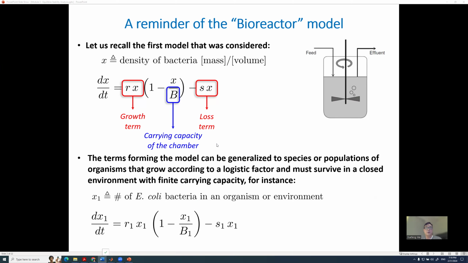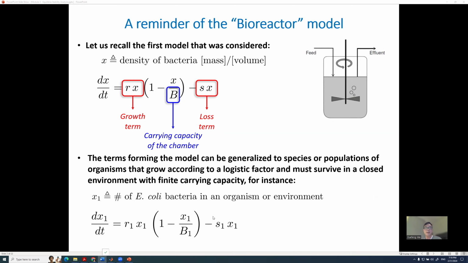What has changed is that here we use X1 as the density of the E. coli bacteria, and parameters R1, B1, and S1, which are specific to the E. coli bacteria, and typically are estimated from experimental data.